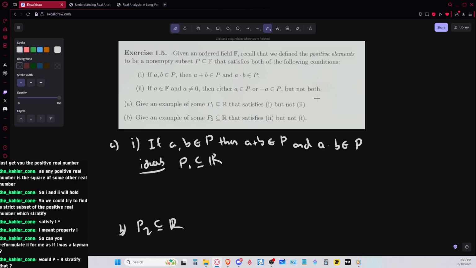Would P equal R satisfy that? Let's see, give an example of some P2 where that satisfies 2 but not 1.